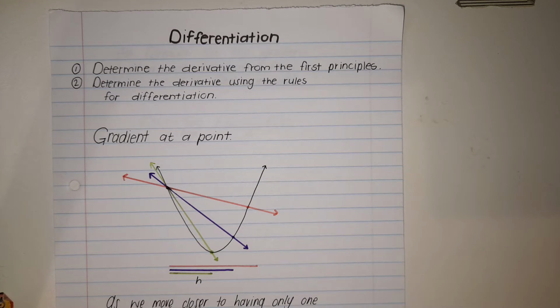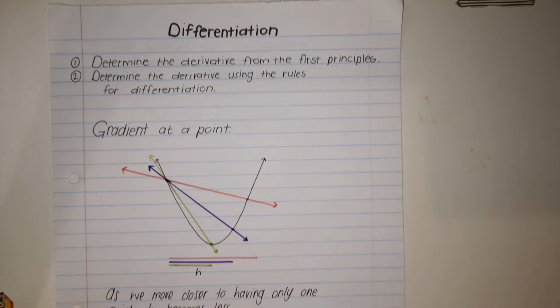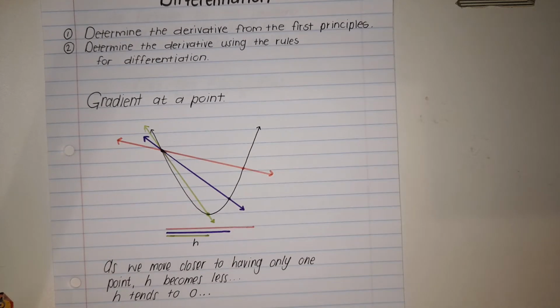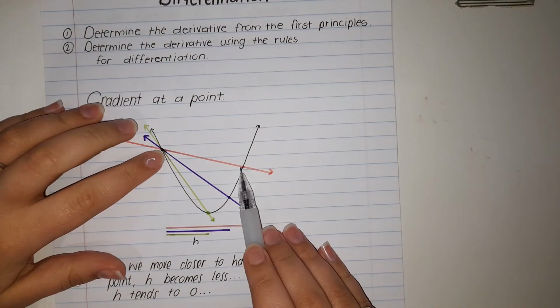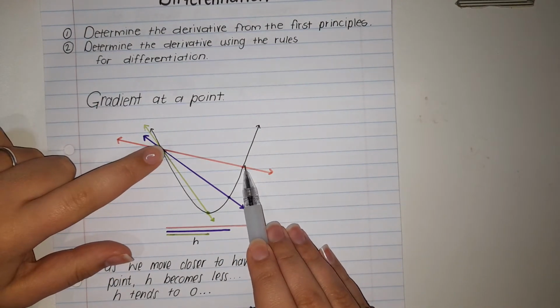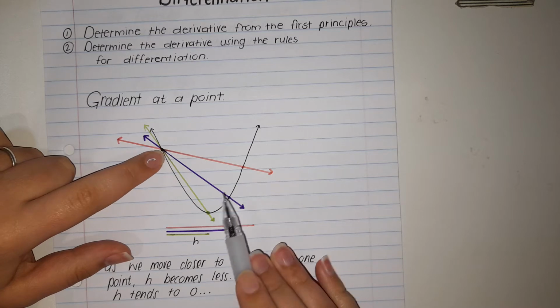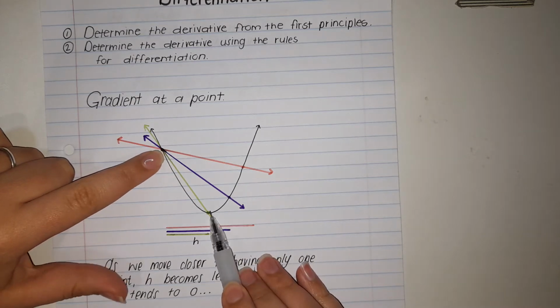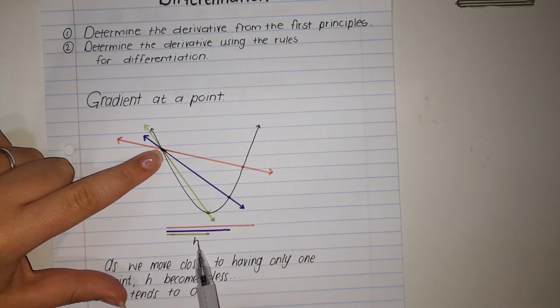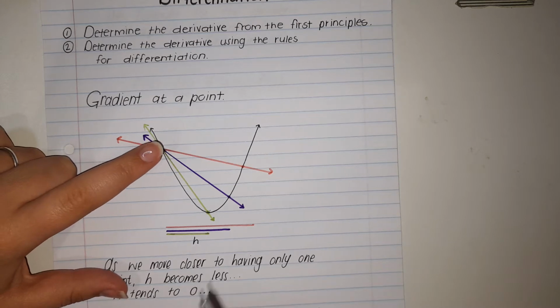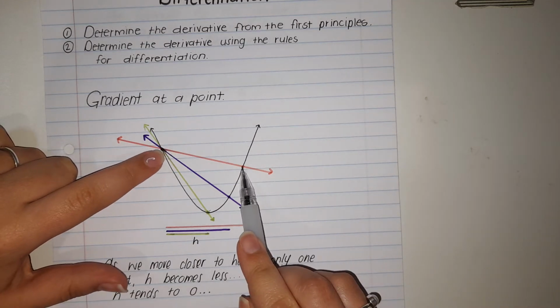In our previous videos, we talked about our average gradient, but now we're going to move to the gradient at a specific point. In the previous ones, we talked about our gradient between this point and this point, or this point and this one. Each time we worked with h, which is our difference between x2 and x1.